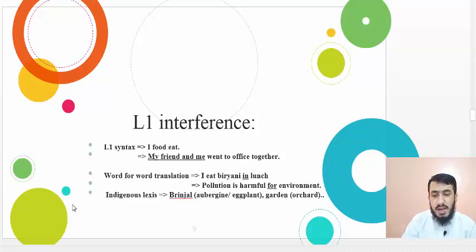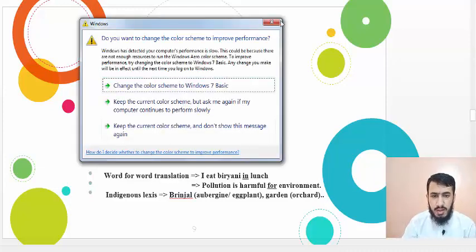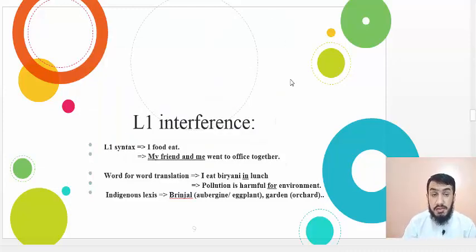But the L1 interference is there. What is L1? L1 is the mother tongue. And with L1 syntax, sometimes in government schools you will find teachers and students speaking in this manner. They say things like, "I food eat," or "I class take," because of their incompetence.